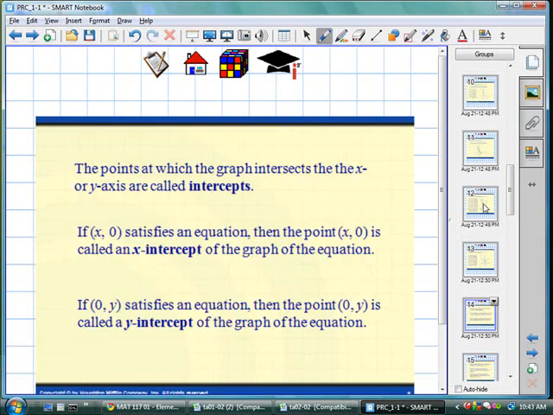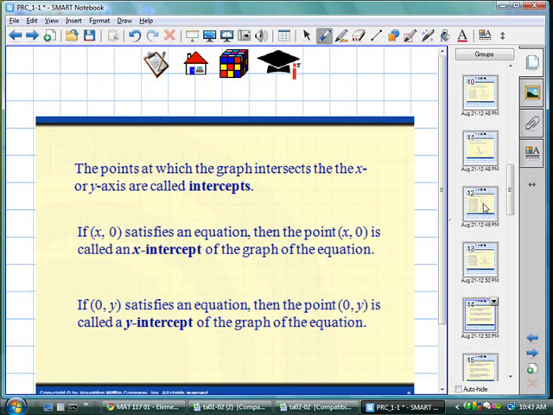Okay. Where a graph crosses the y-axis and where a graph crosses the x-axis are called intercepts. We call the place that crosses the y-axis the y-intercept, and the place that crosses the x-axis the x-intercept. How do you find intercepts? If I just give you an equation, how do you find the intercepts? Well, the answer to the question is tied in with this question.